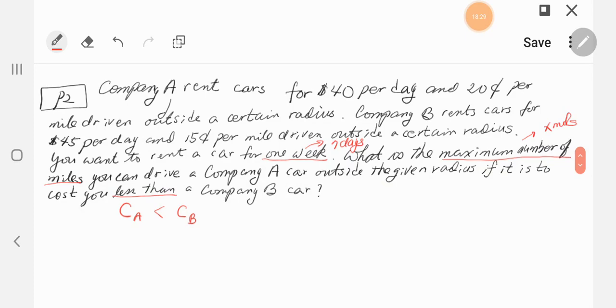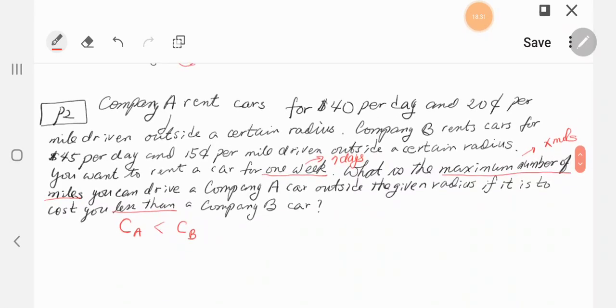So what's the total cost? The charge from company A is $40 per day, and I'm renting for 1 week, which is 7 days. So I have to multiply $40 by 7. And then for the miles I drive outside a certain radius, company A charges 20 cents, so $0.2 times how many miles you drive.